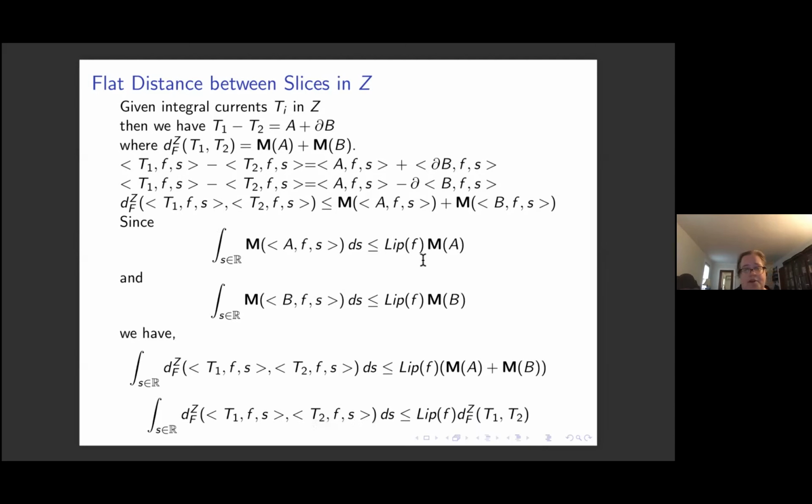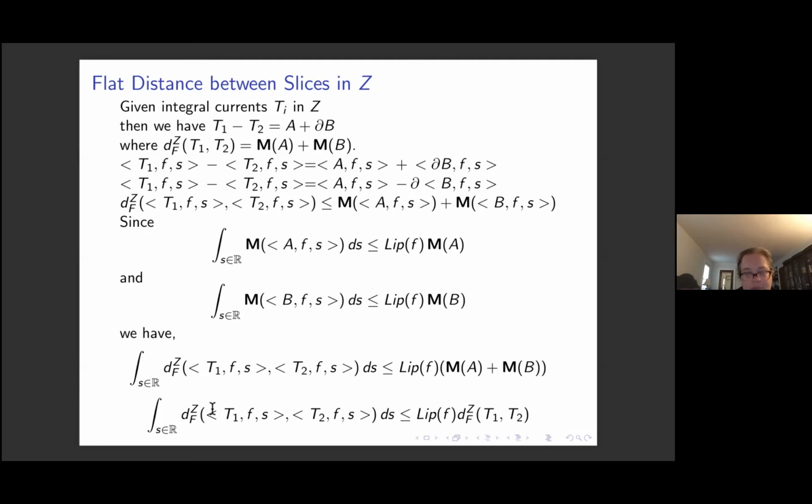I maybe did too much at once. Let's say what we know about masses of slices. We can use Ambrosio-Kirchheim's integral and say the mass of the slices of A integrated is less than or equal to the Lipschitz constant for F and the mass of the whole A. And the mass of all the slices of B integrated is less than or equal to the Lipschitz constant of F times the mass of B. So the integral of the flat distances is less than or equal to the Lipschitz constant of F times the sum of the masses.